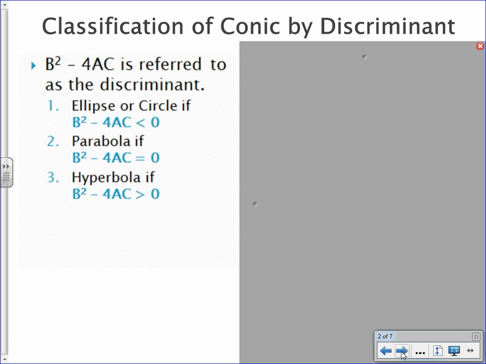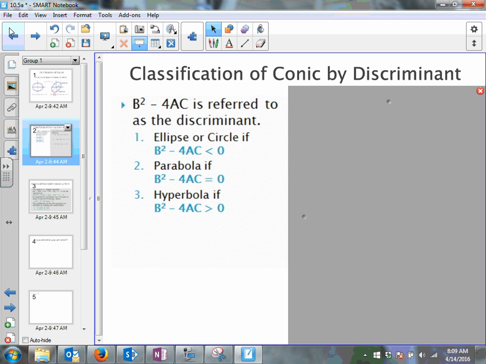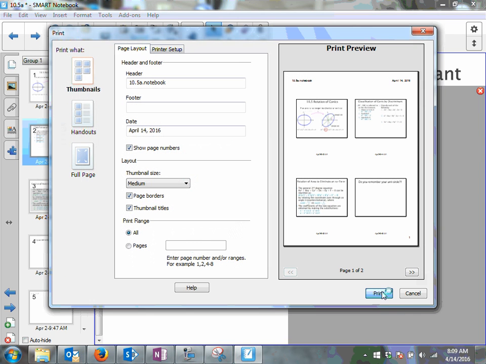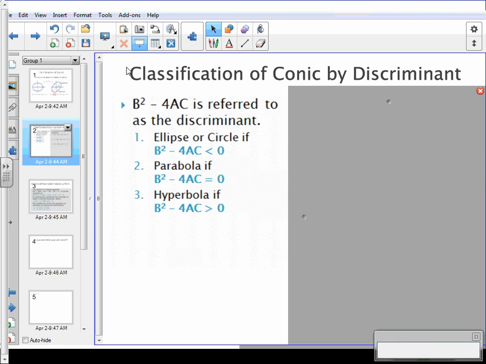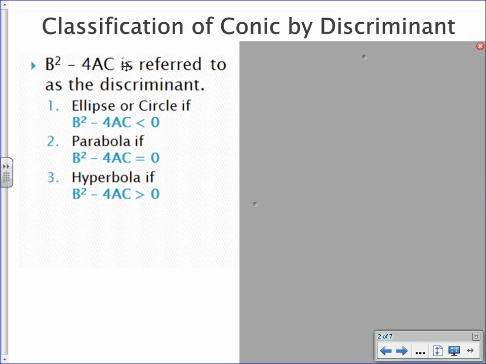Here are our rules for discriminants. Go ahead and write these down, and then we'll talk through them.